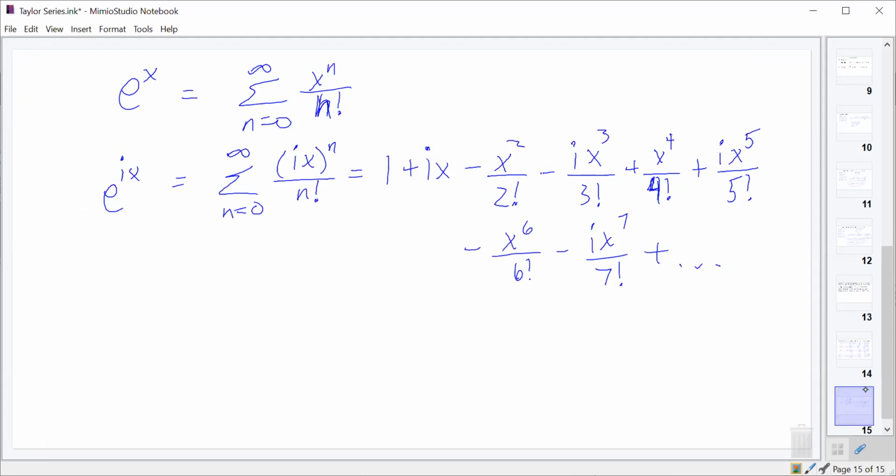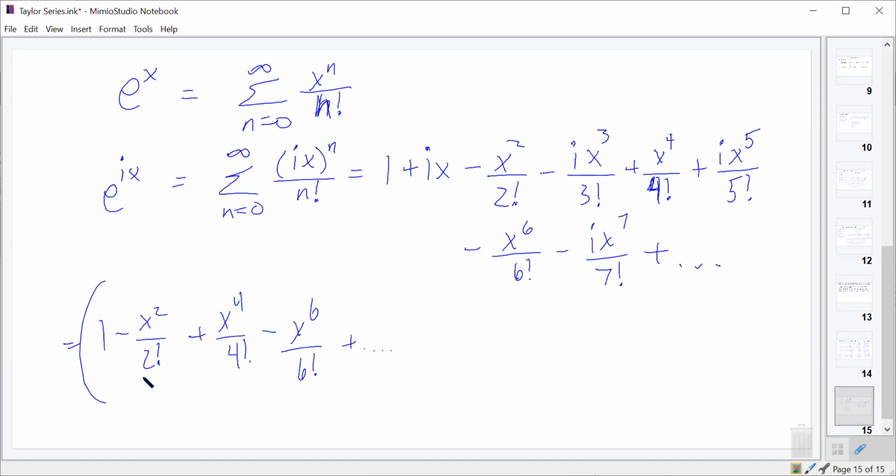So my first series is just going to be 1 minus x squared over 2 factorial plus x to the 4th over 4 factorial minus x to the 6th over 6 factorial, and so on, forever.